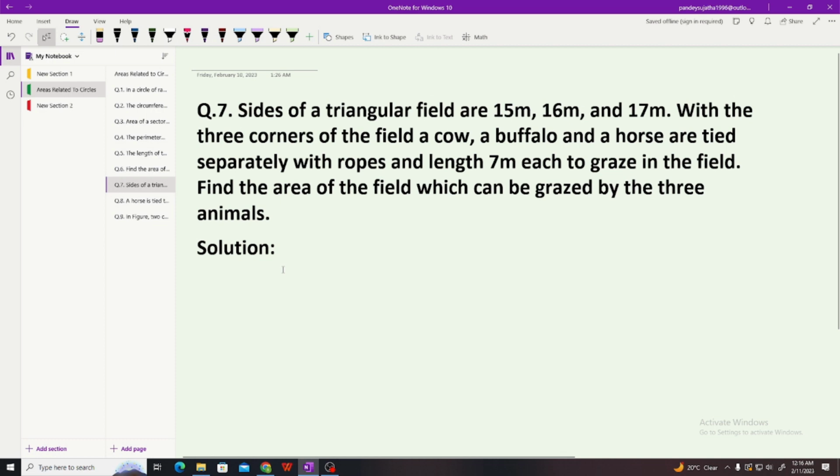So the next question here is, sides of a triangular field are 15 meter, 16 meter and 17 meter. Let me draw a triangle.